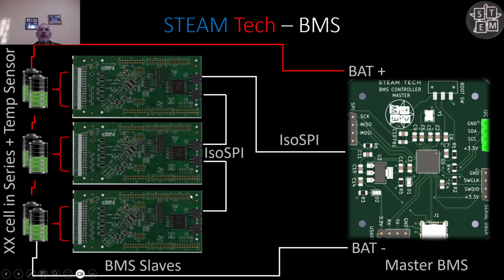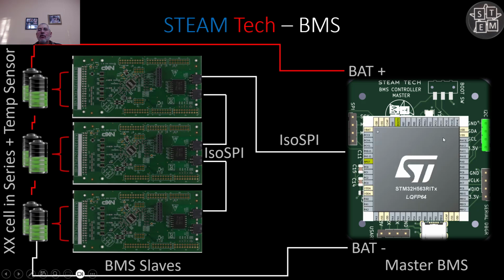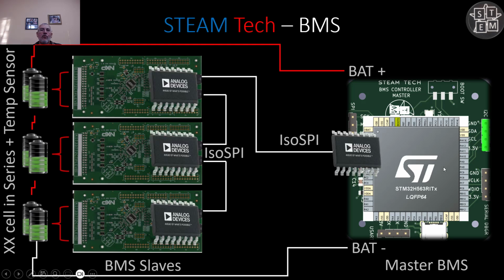And then you connect everything back to the master battery management system using what we call an isoSPI. We're going to be using a chip, and I'll be talking about that. The microcontroller I chose for this battery management system is the STM32, and it's going to be the H family due to the high performance of this microcontroller.